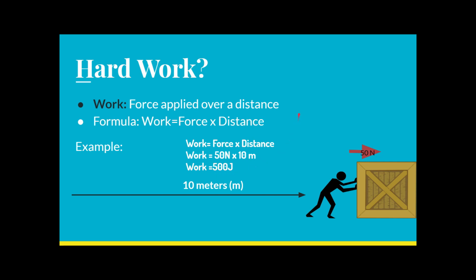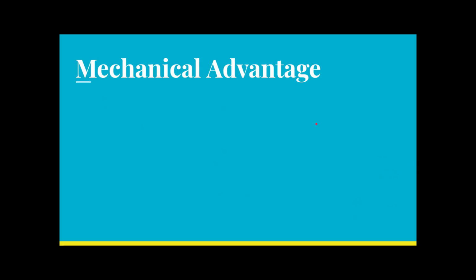Now, on this slide, please write down the definition of work, its formula, and I also want you to draw this diagram. Show that this person moved the box 10 meters while applying 50 newtons of force, and also write down this calculation here. Go ahead and pause the video if you need more time for that. If you're ready, we're going to move on.